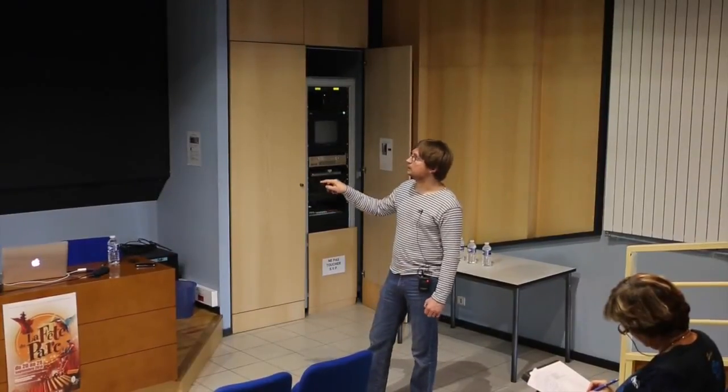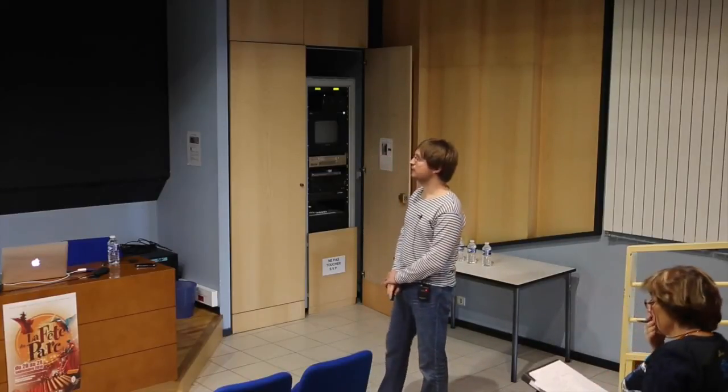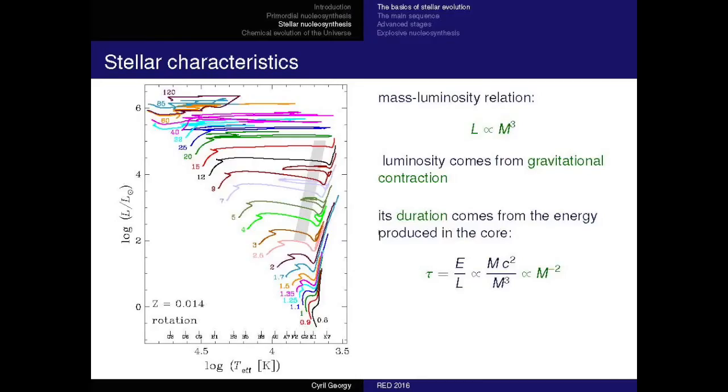So let's try to see a bit what happens to different stars in this diagram. We'll start with our sun that is here. So the sun during its life will slowly climb here at roughly constant surface temperature, but the luminosity of the sun will increase quite a lot during its life from the start to the end. There is an increase of a factor of at least 2 or 3 during this time.